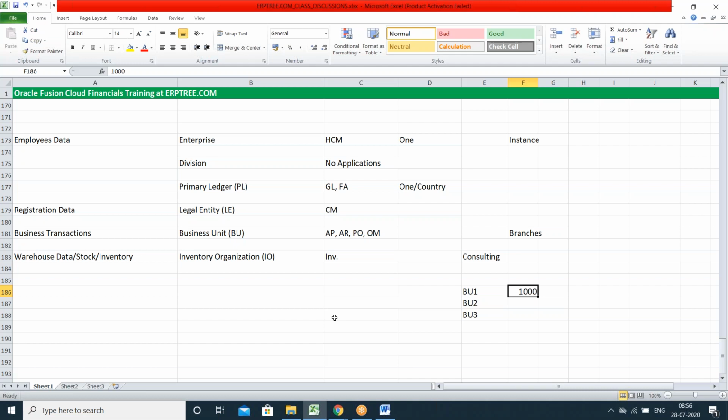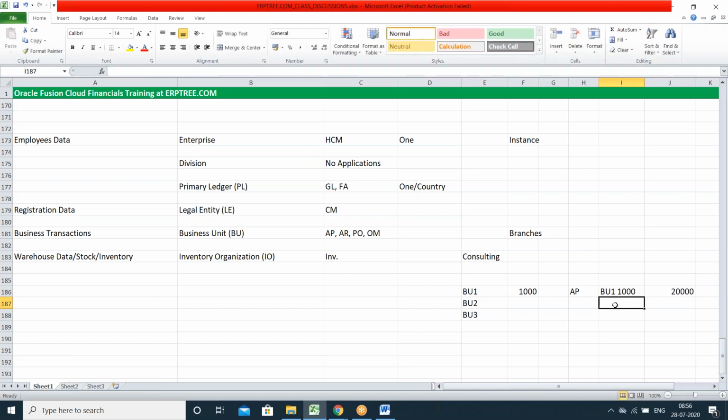Can you please elaborate a little bit? So in AP, accounts payables, I'll create one transaction with BU1. I'll select company 1,000 and I'll enter a 20,000 transaction.